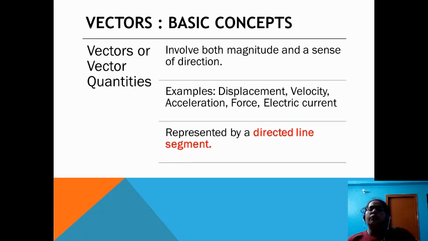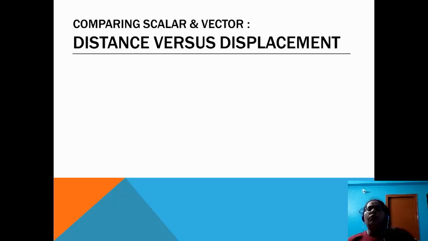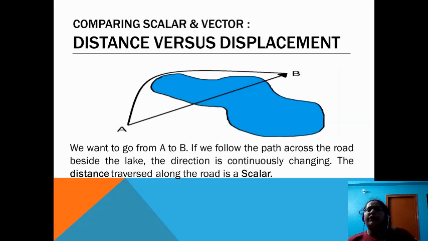Okay, so before we come to the representation of the vectors with directed line segments and so on, we just want to take one example to clear our sense of the difference between the scalar and the vector. We do so using an example, where we actually see the difference between distance and displacement.